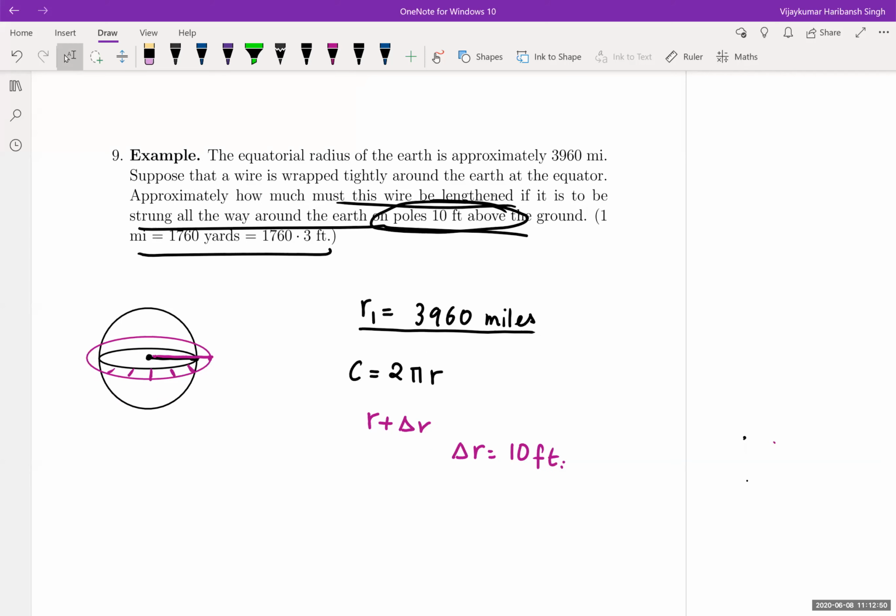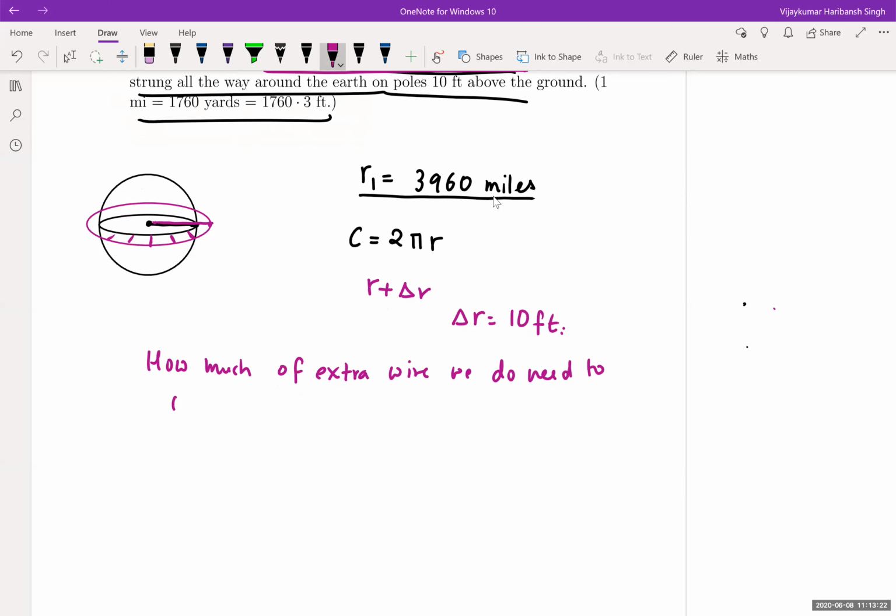So you are asking how much do we need to increase? How much extra wire do we need to wrap it around, right? So how much of this wire must be lengthened? That means we are looking for how much extra wire we need to wrap it on the 10 feet pole.